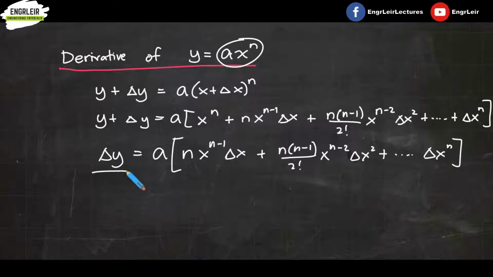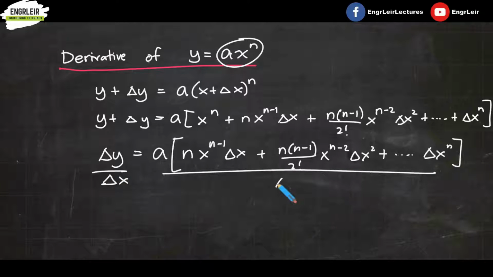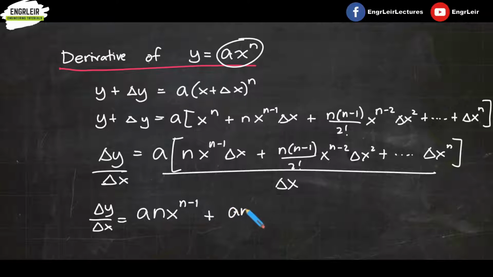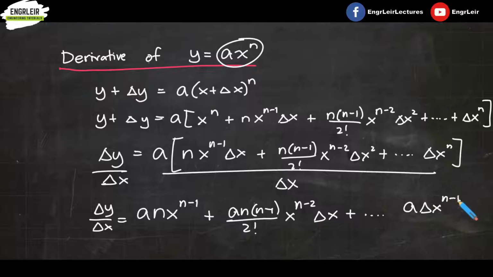Now, if we divide both sides by delta x, I-factor in ko na yung a, so we have a n x raised to n minus 1 plus a (n minus 1) over 2 factorial x raised to n minus 2 delta x plus and so on hanggang a delta x raised to n minus 1.